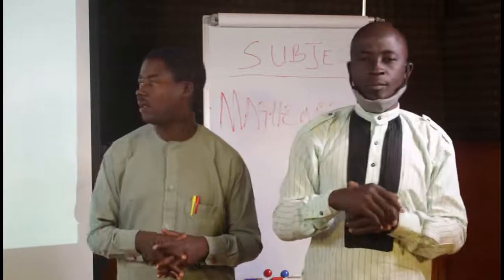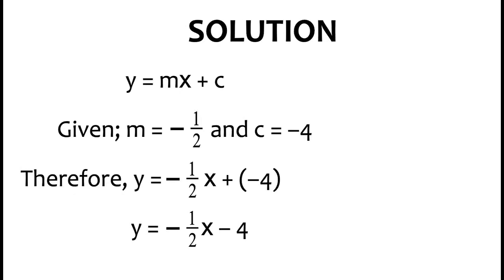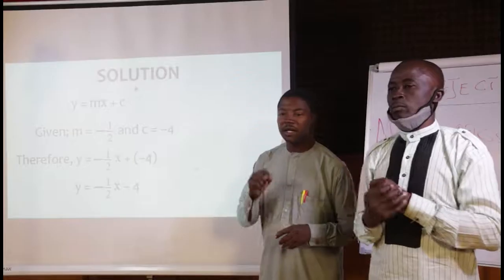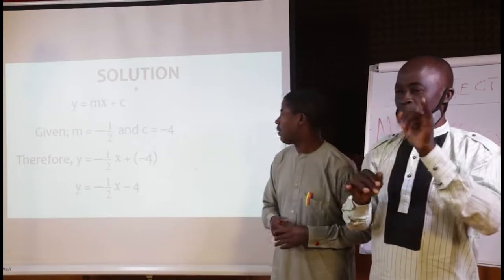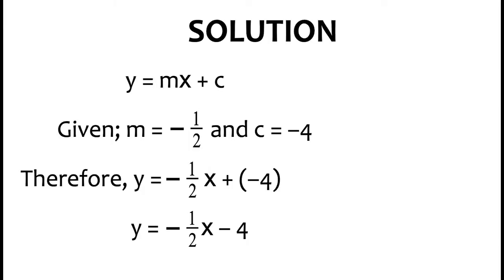From the question given, we deduce that our m equals minus 1 over 2 and c equals minus 4, the intercept on the y-axis. Therefore, from the general formula, when we replace our values, y will be equal to minus 1 over 2x plus minus 4.